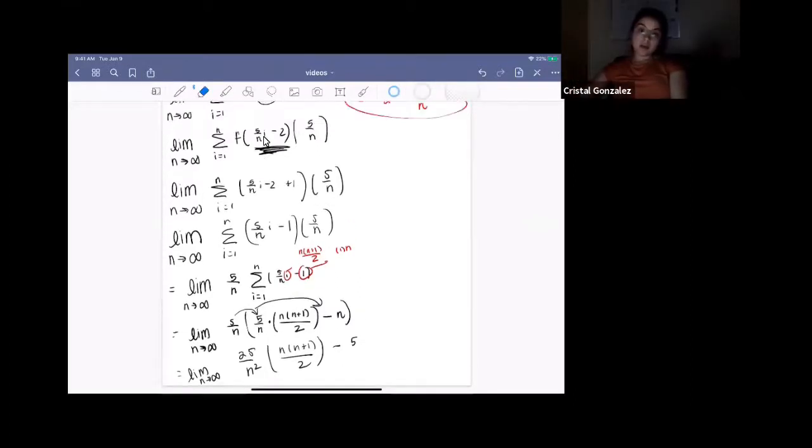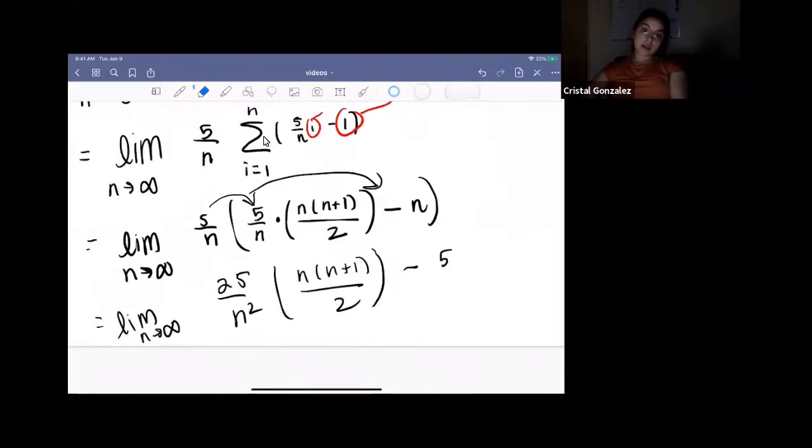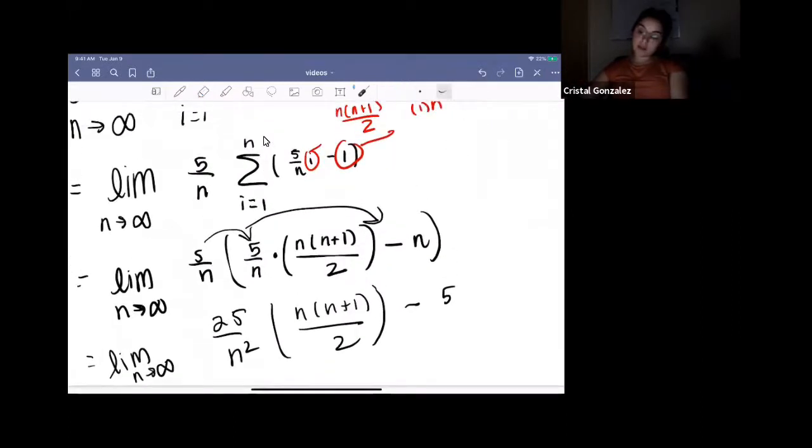And so now my goal here is I have to now evaluate this. And like I said earlier, I have an n squared term up here, an n squared term here. So what is actually going to happen is we're going to take the leading coefficients, because if we apply L'Hopital's rule, it will end up as that.